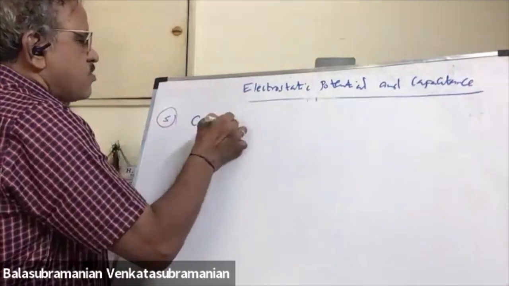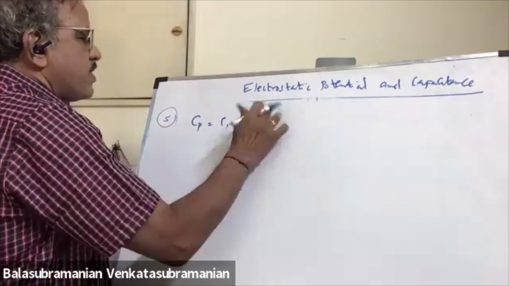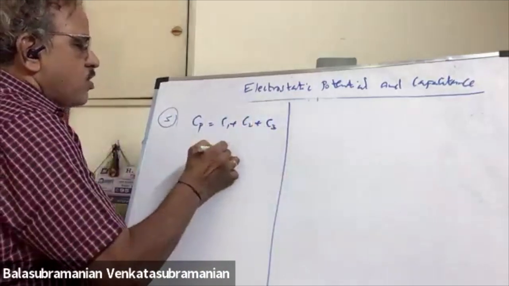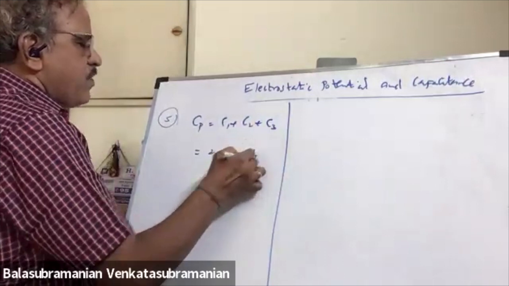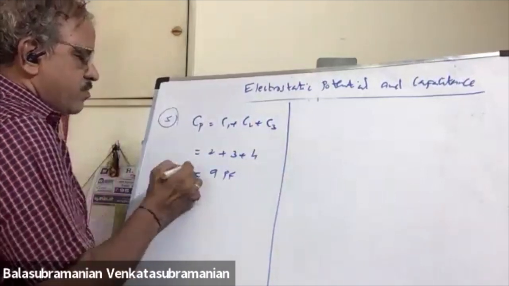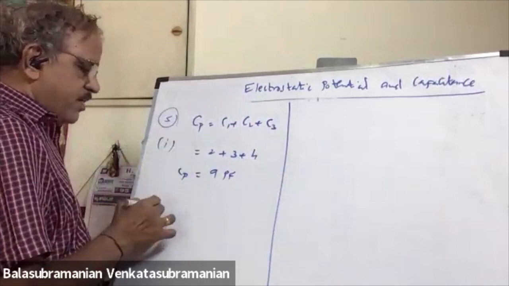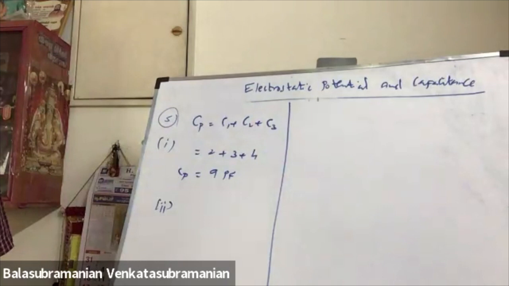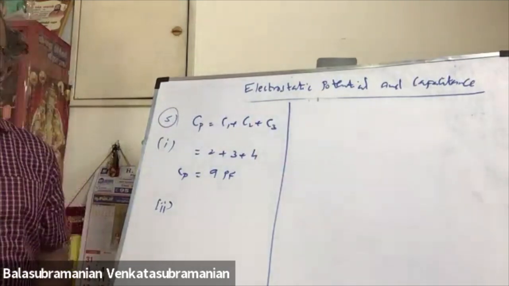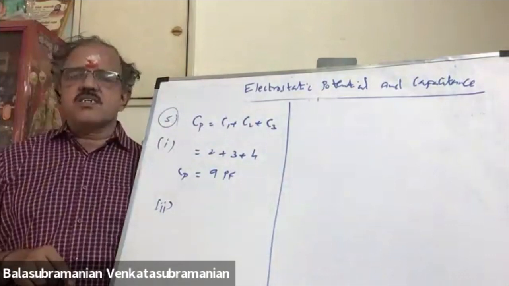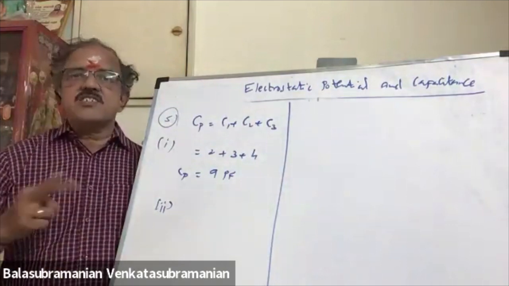Cp is equal to C1 plus C2 plus C3. 2 picofarad, 3 picofarad, 4 picofarad. Totally 9 picofarad. This is first part. Straight problem. Second one, what is the charge? In the case of parallel combination, potential is constant, but charge is different.